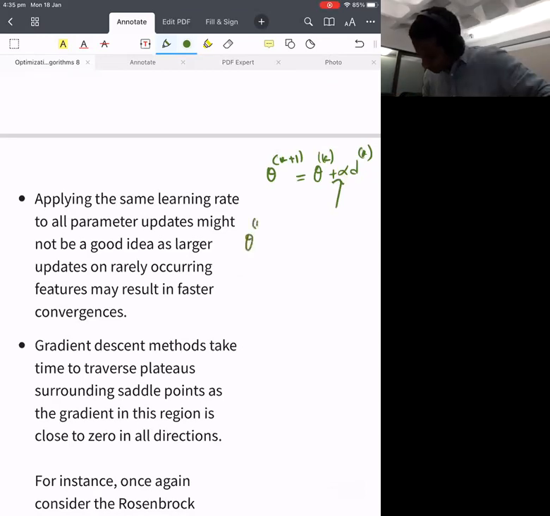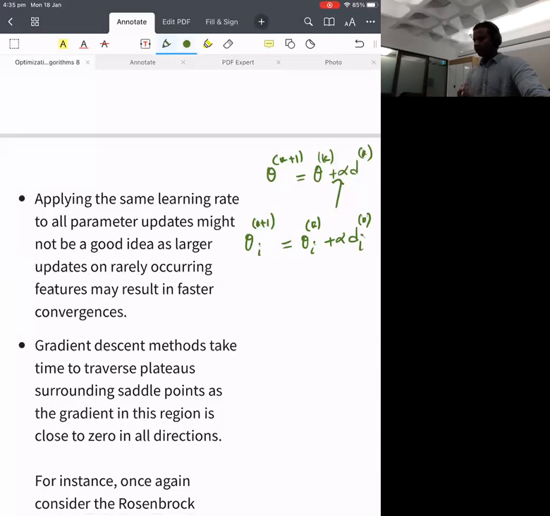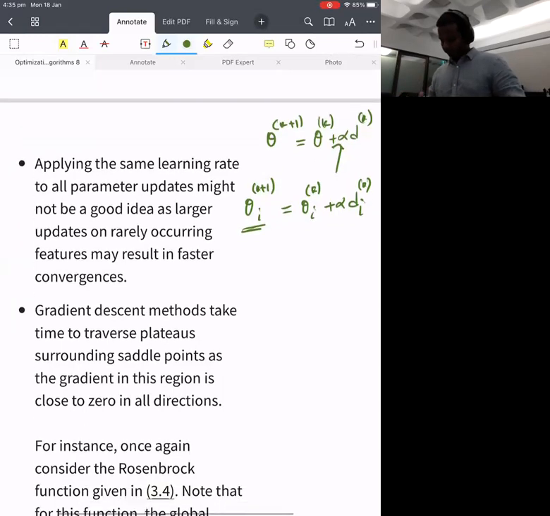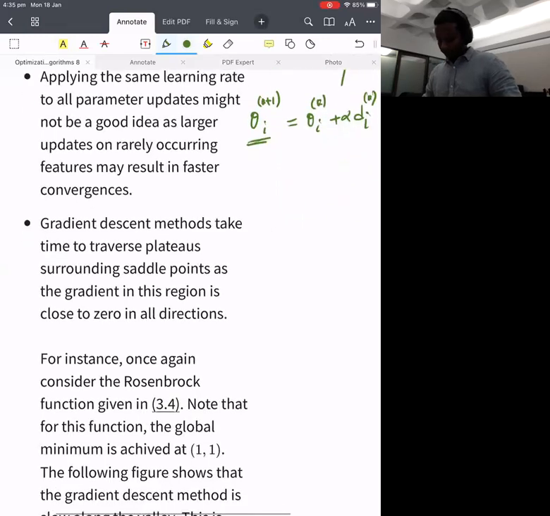So for theta k plus 1, the ith coordinate for all i, we have the same scaling learning parameter. By actually having different learning parameters for different parameters, we can make better progress and improvement. We can improve the algorithm. That is one thing which is essential for the algorithms we are studying now.